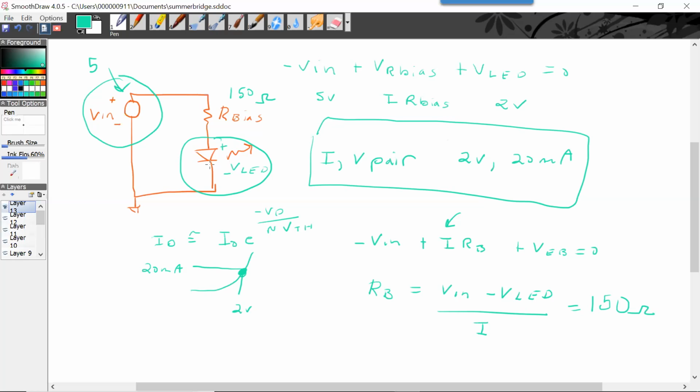And you need to do that because if you were to put 5 volts across an LED, so much current would flow that it would just burn out. All right. So the brighter the bulb, the more the current, the less time it's going to last.